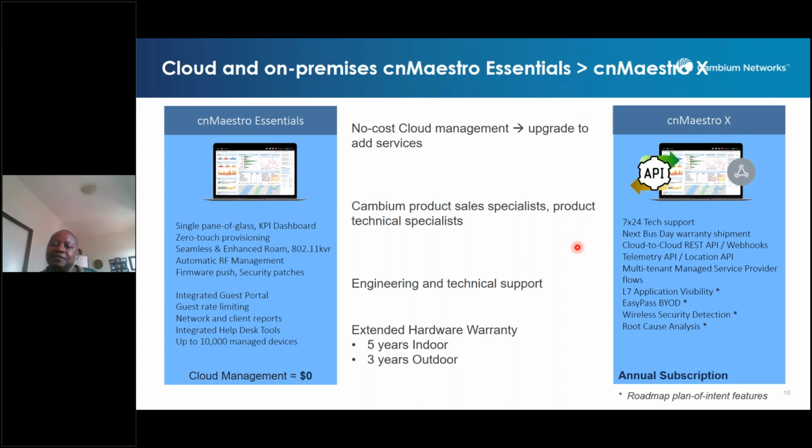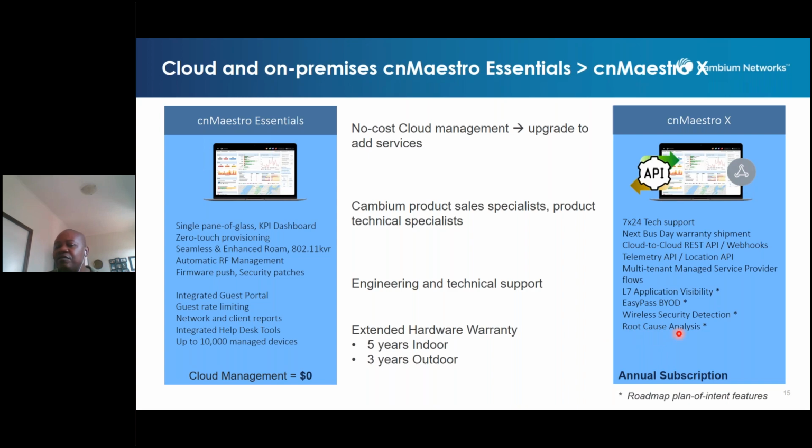CN Maestro X, there's an annual subscription. So you can see here, there are things like API, location API, there's multi-tenant MSPs, there's wireless security detection, there's some root cause analysis.